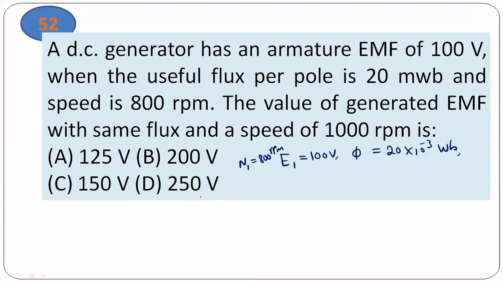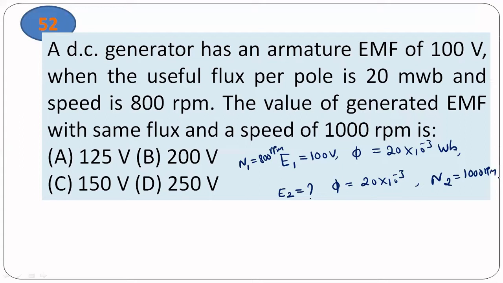Now we have to calculate E2 for the same value of flux, but the speed of the motor is now changed to 1000 RPM. That is asked in this question.